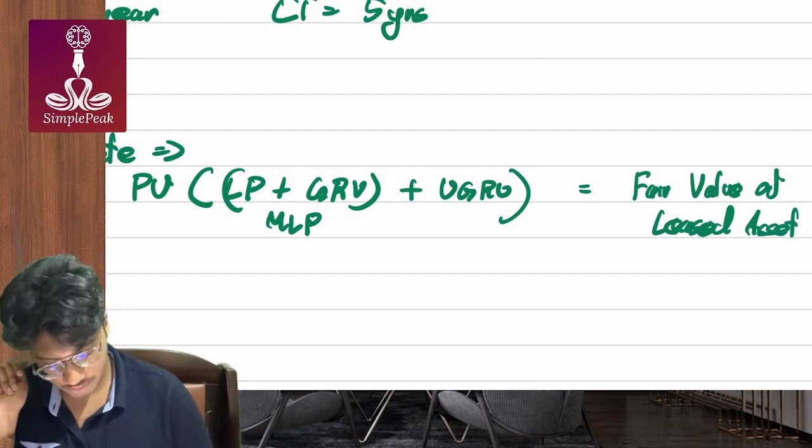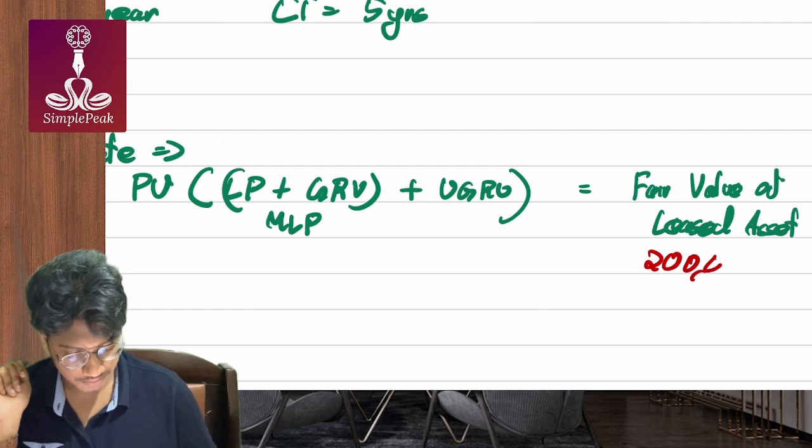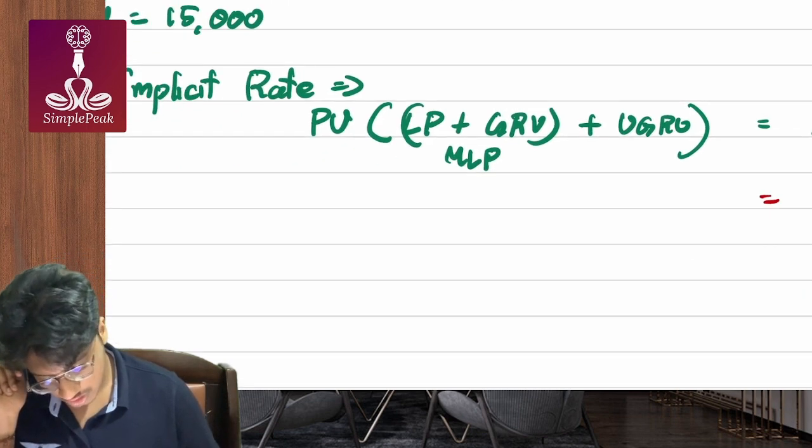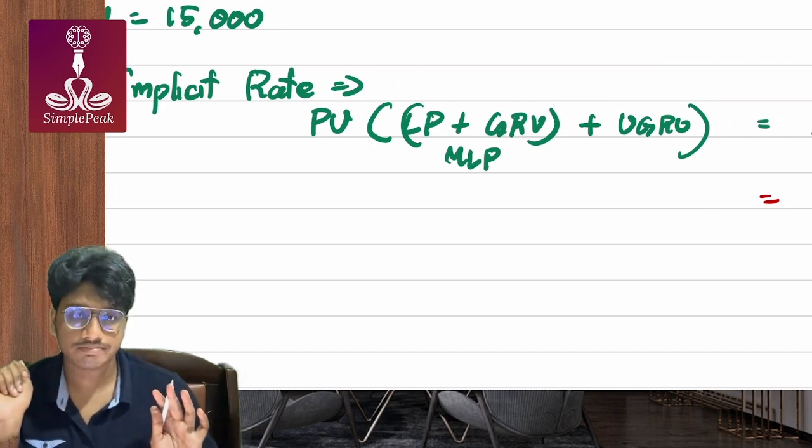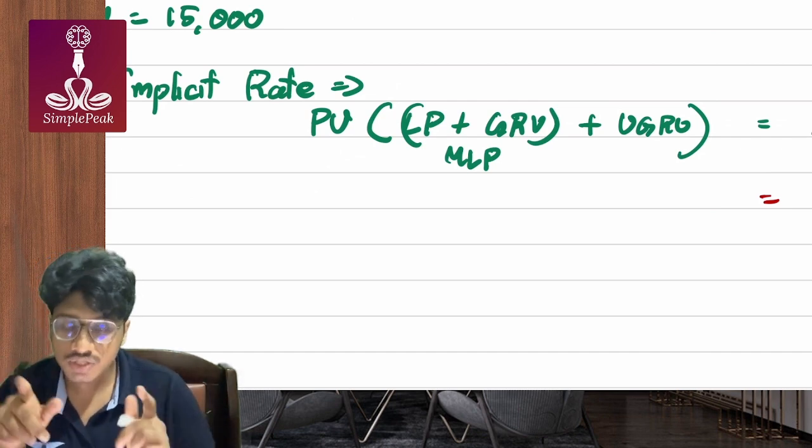You know the fair value of the leased asset is 2 lakh rupees. So you need to find a rate at which the present value is equal to 2 lakh.